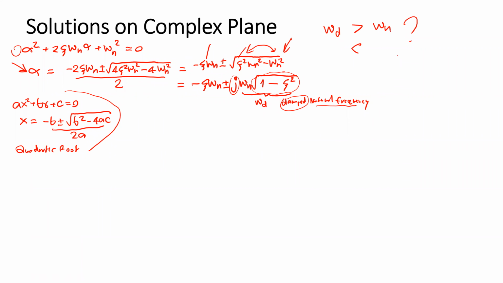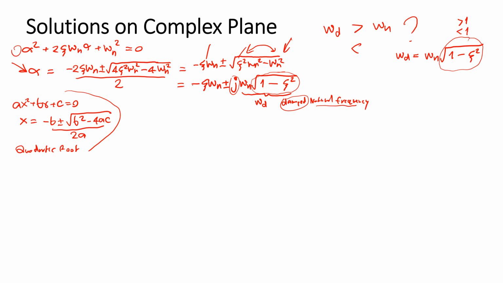Okay, so now we know that omega d is equal to omega n multiplied by square root of this one. Do you think this term should be more than 1 or smaller than 1? Lesser than 1.